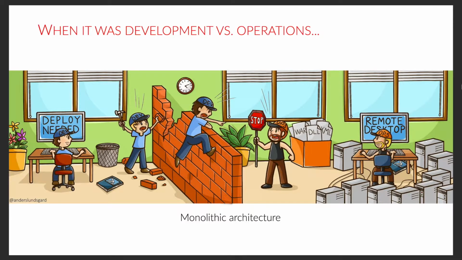The problem was that the software developer would do this on their own environment, like their own PC. And when you're supposed to deploy this into production, it was a completely different environment. So there were a lot of bugs, and there was also a lot of blame games on who was responsible for this.